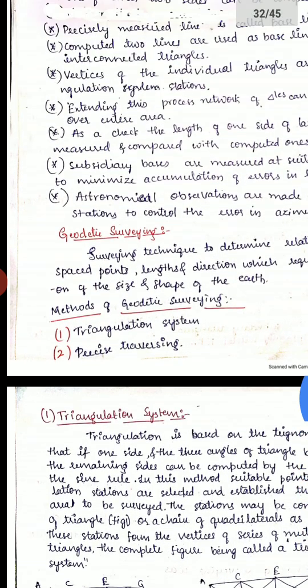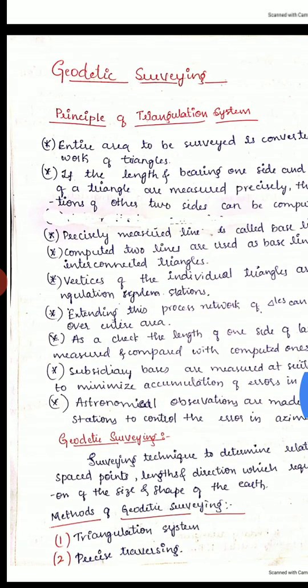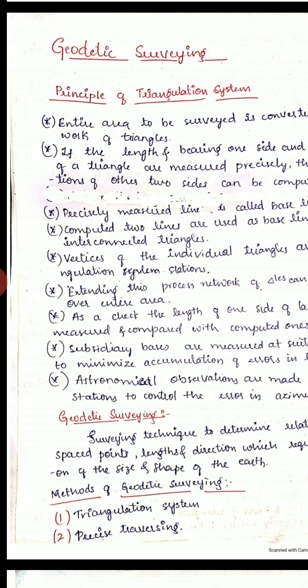Second point is, if the length and bearing of one side and the three angles of a triangle are measured precisely, the length and direction of the other two sides can be computed. Third principle is, the precisely measured line is called the baseline. Initially, the line that we measured is called the baseline. The computed two lines are used as baselines for two interconnected triangles.